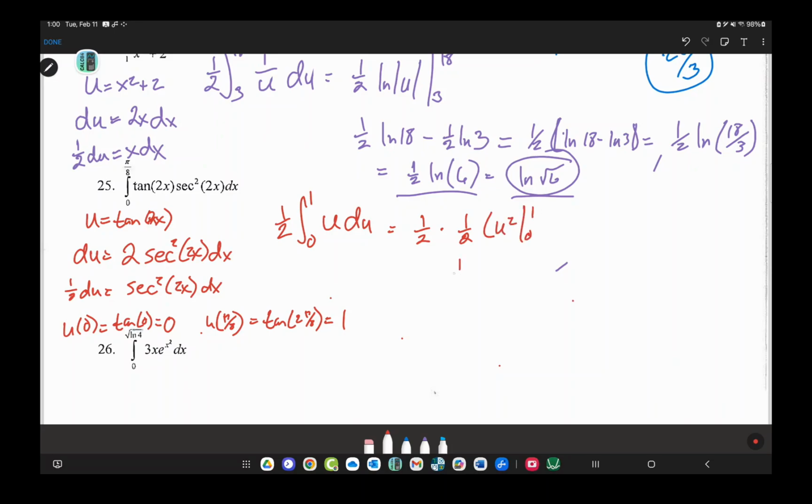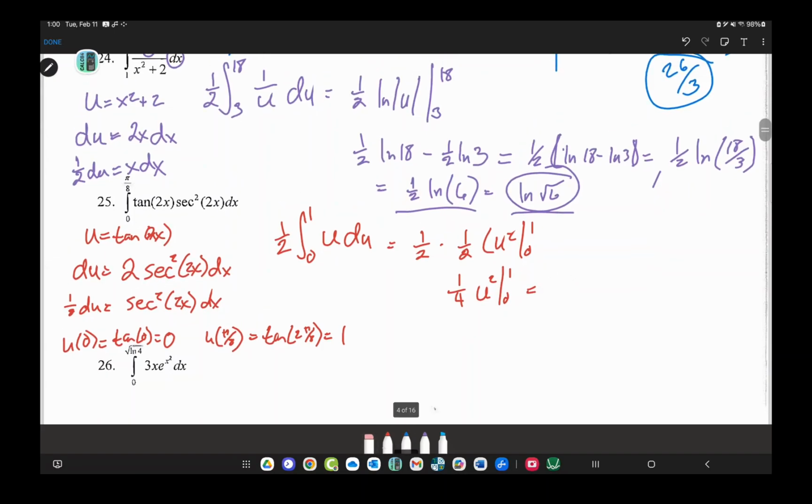So 1/4 u squared from 0 to 1. 0, 1 will give me 1. So we just end up with 1/4. It's nice. Fairly complex question, made so much easier through substitution.